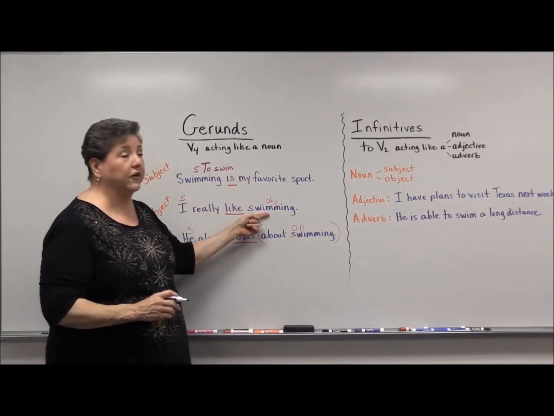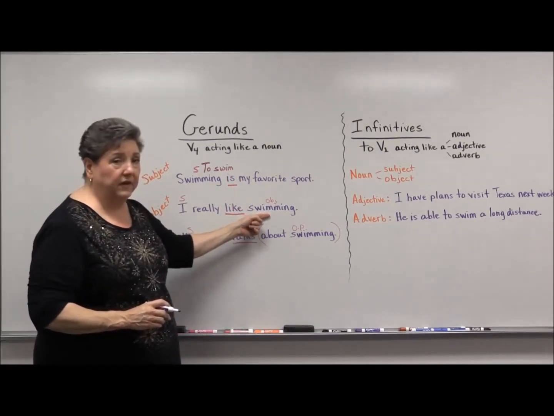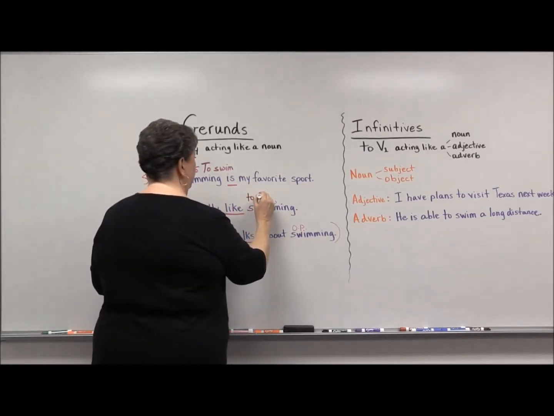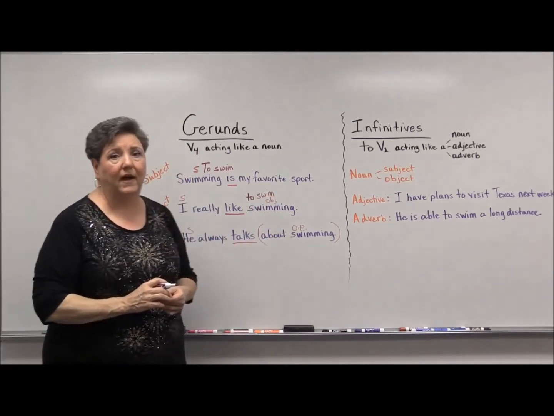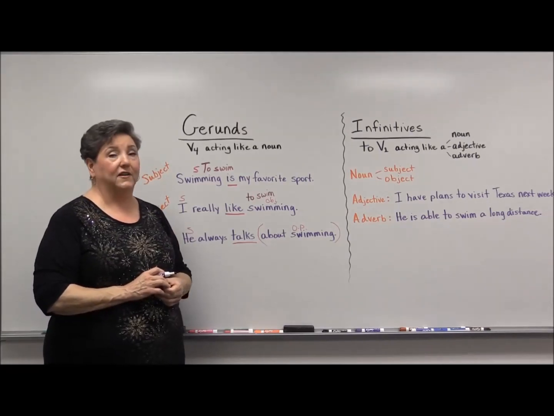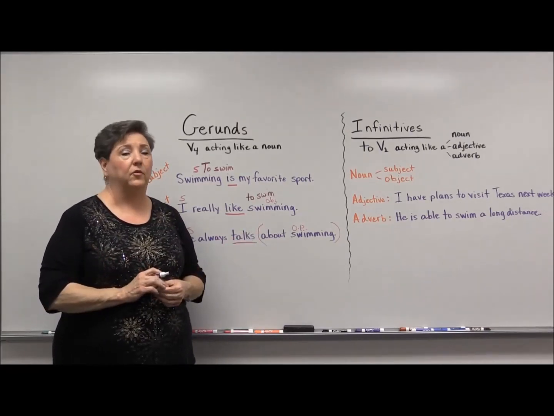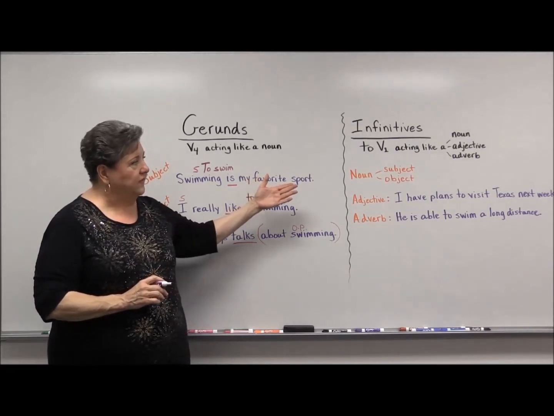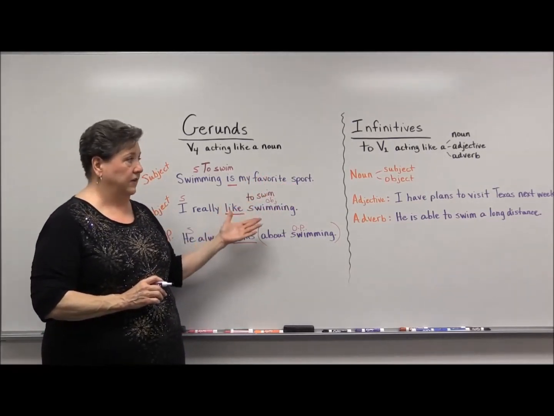So if you're looking here, can you put an infinitive there? Yes, you can. I like to swim. I like swimming. I really like swimming. I really like to swim. They're both the same. They're both correct. So when an infinitive is a noun, it could be either one of these things.